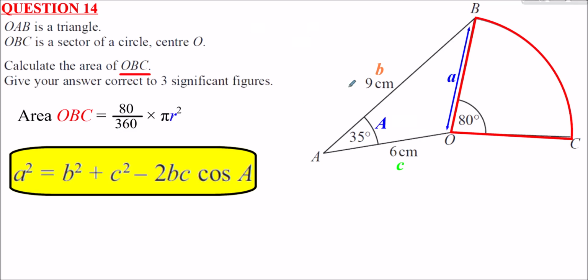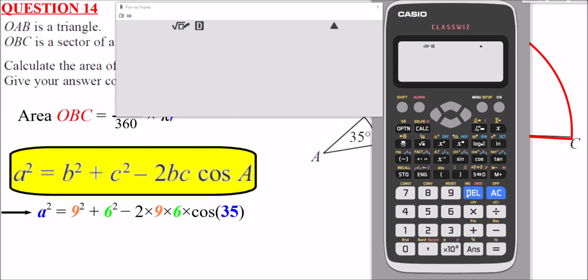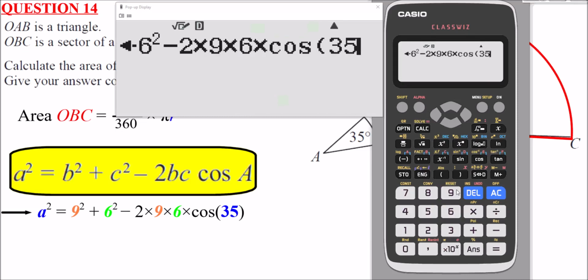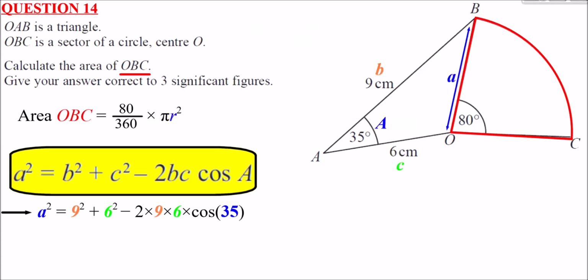So if we just plug the numbers in, we're going to get that A squared is b squared, which is 9 squared, plus c squared, which becomes 6 squared, minus 2 times b times c, which is 2 times 9 times 6, times cosine of A, which is 35. If we plug these numbers into the calculator, in fact I'll show you here, we should get 9 squared plus 6 squared minus 2 times 9 times 6 times cosine 35. We're going to get 28.531 and so on.